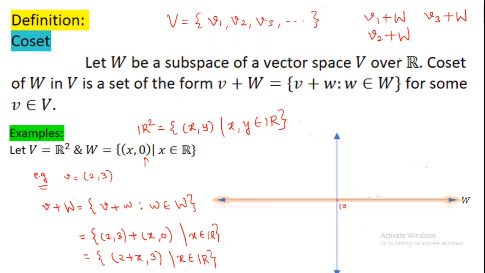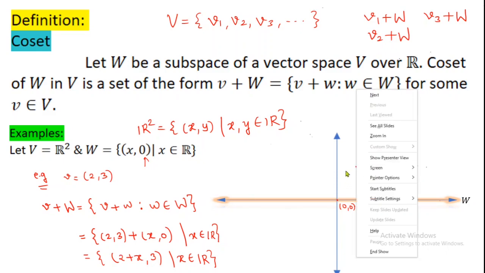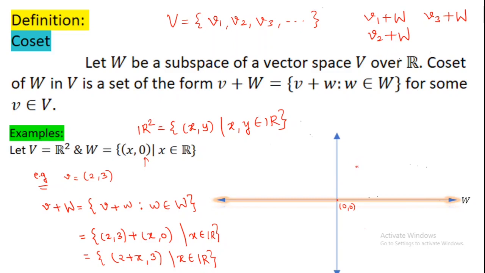So this is a point of W, (0, 0). To this point we are going to add (2, 3). So what will we get? We will get the point (2, 3). Suppose this is our (2, 3) point. I will draw an arrow somewhere here to the (2, 3) point.